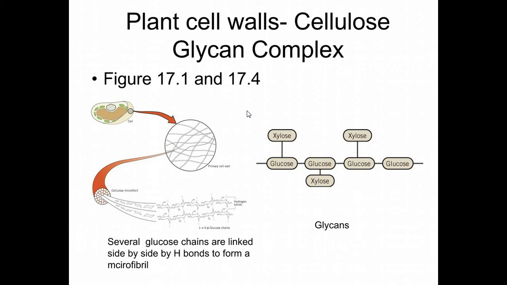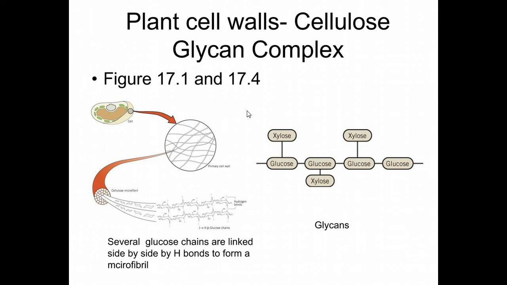So the plant uses then mostly glucose. If you look at a tree, you're seeing glucose molecules and other components of the cell wall. And you're seeing glucose molecules that are strung together in a beta linkage.